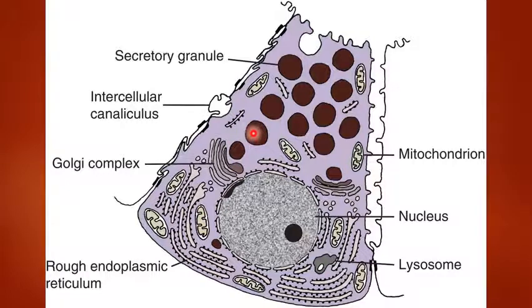The zymogen granules are glycosylated, and they are released into the lumen of the cell, right? The serous cells devote 80% of their energy to the production of these secretory granules.